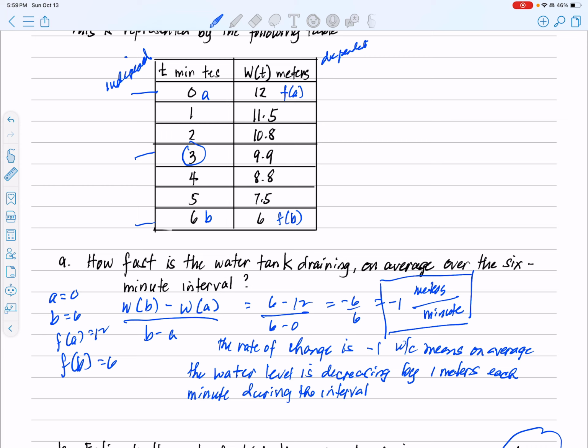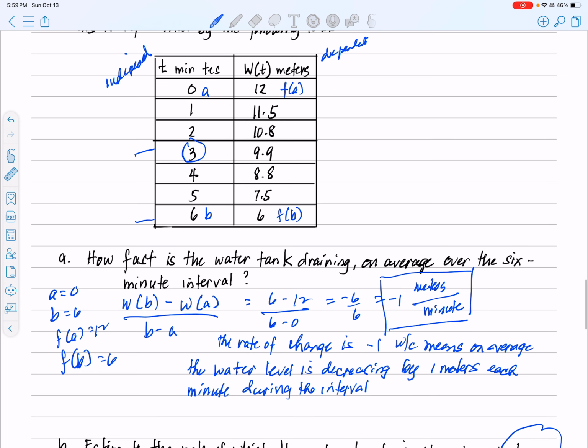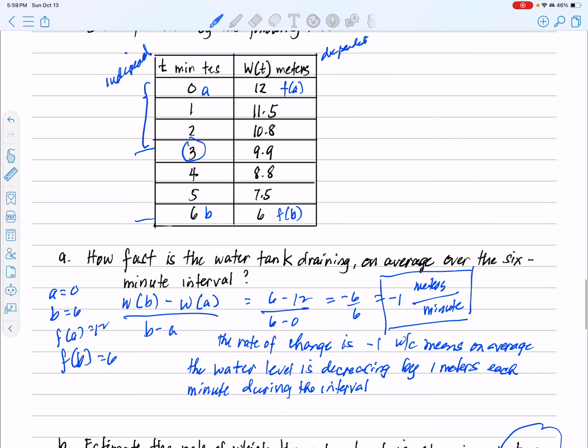Let's say I will use the average rate of change between 0 and 1, between 1 and 2, between 2 and 3.